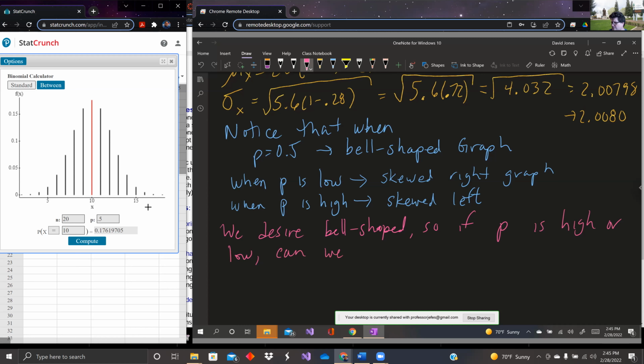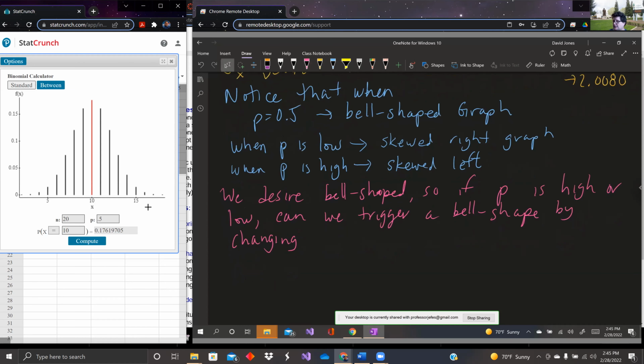Can we trigger a bell shape by changing anything? And it looks like the only thing we can change is the number of houses we ask, by changing the number of trials or experiments. So let's see, let's go 0.85.